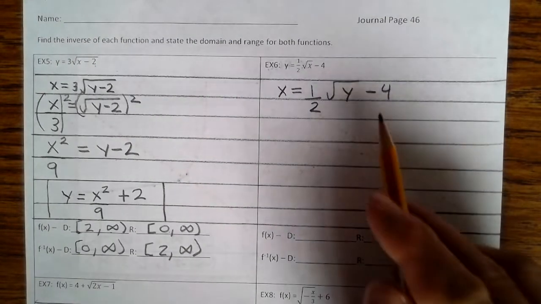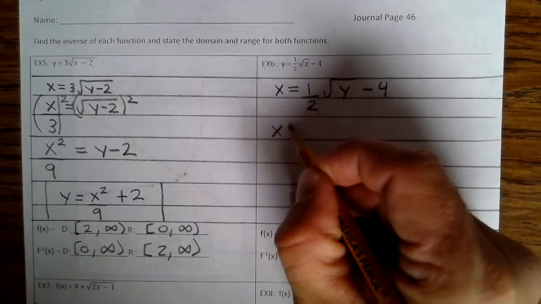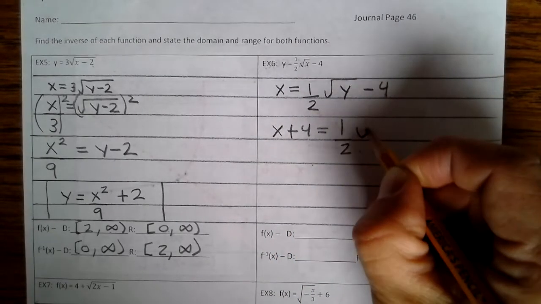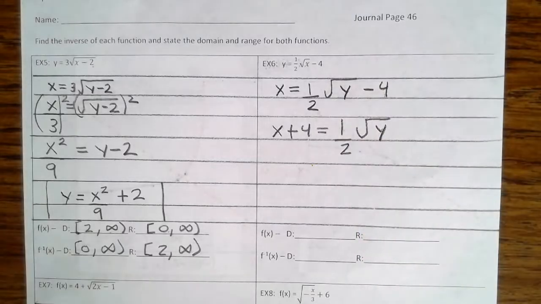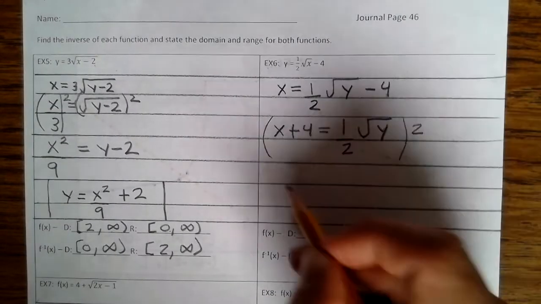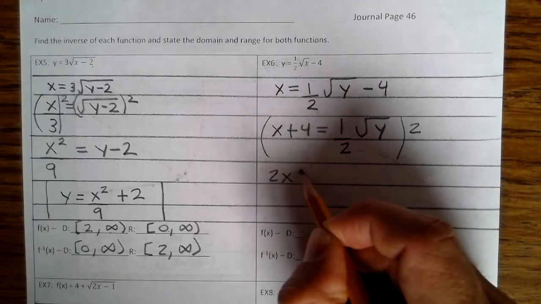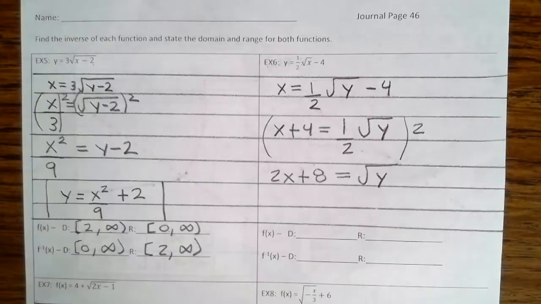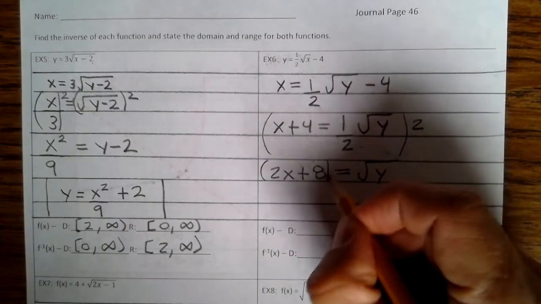Now we need to multiply everything by 2, so then you're left with 2x plus 8 equals the square root of y. Last step, square both sides. So then you're left with y equals 2x plus 8 squared.